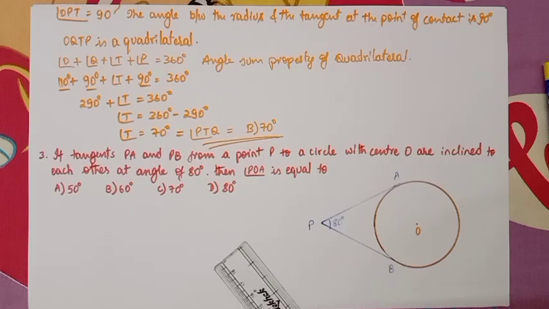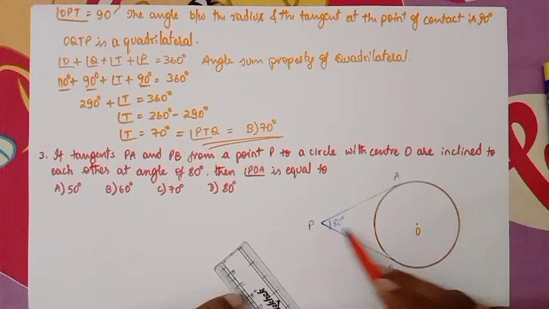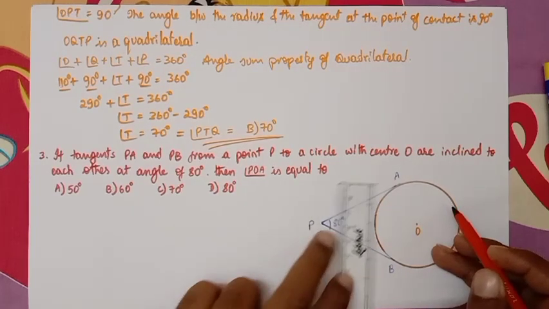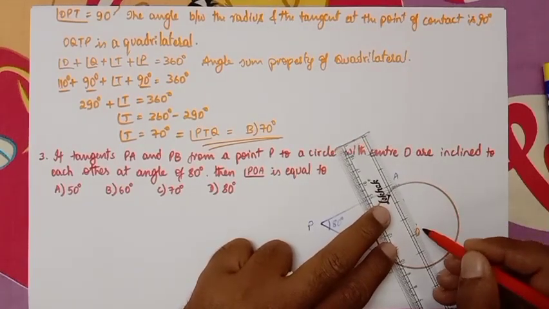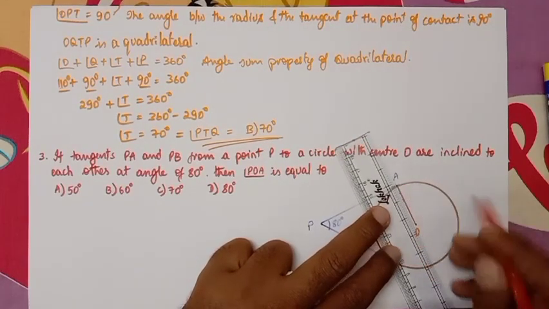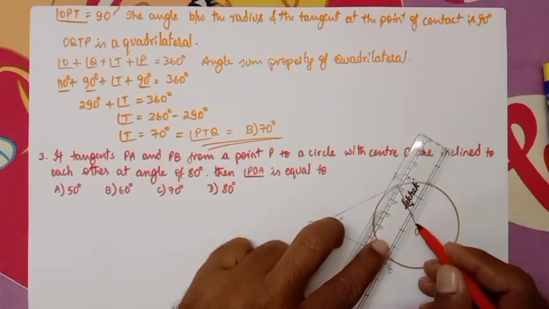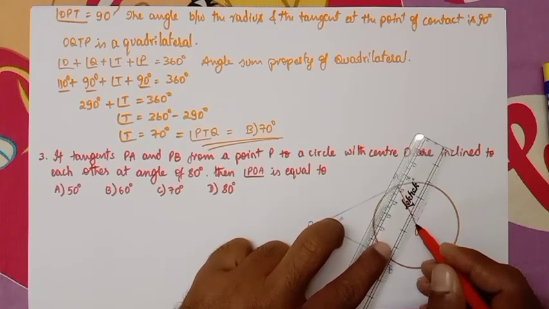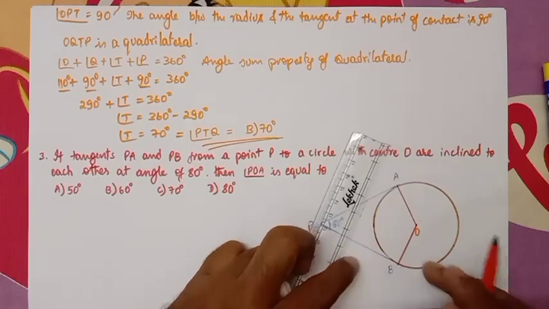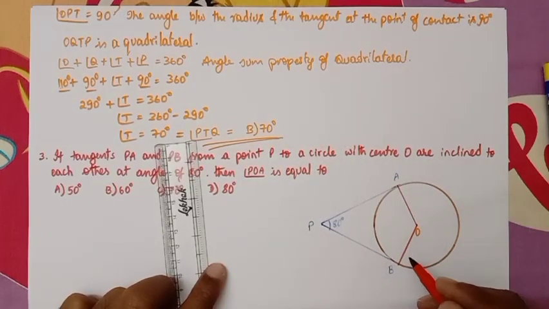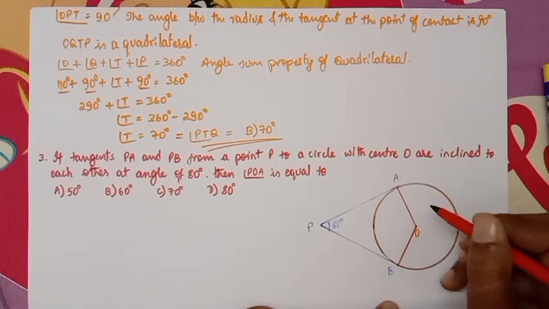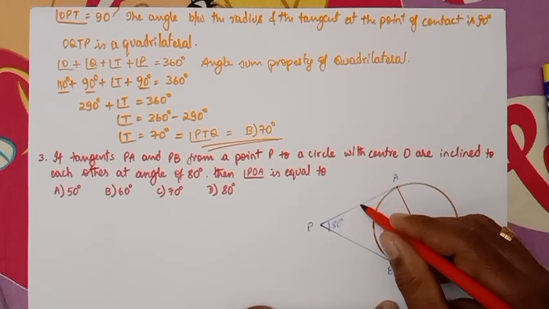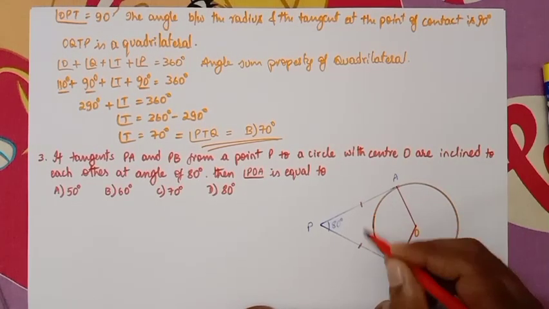Next comes angle POA. We want to find POA angle. Yes, right? This point is B, this point is A, and we are all familiar that the two tangents are equal.